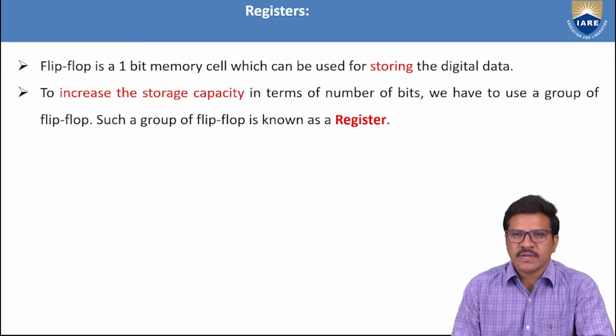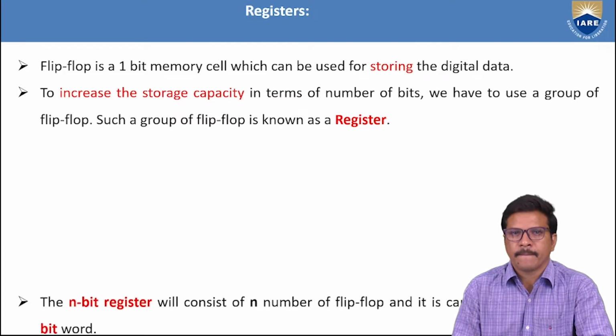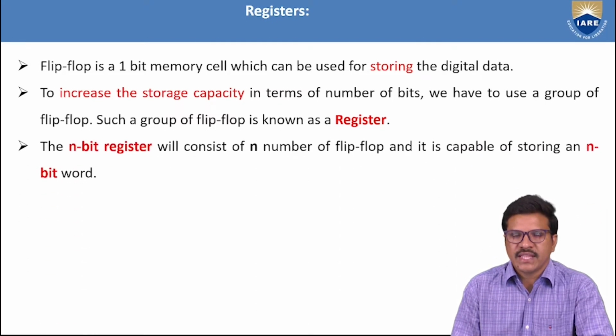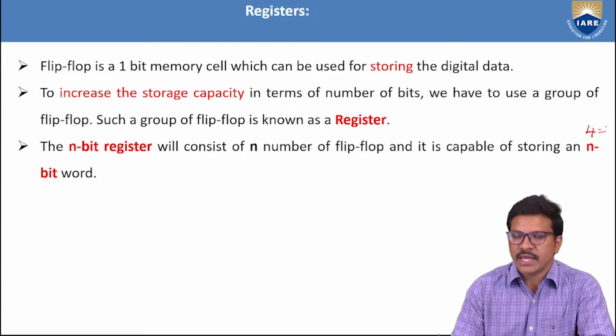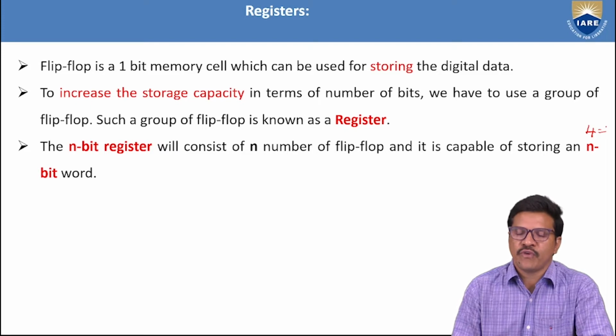Based on our requirements, we can decide how many flip-flops are connected to one another. An n-bit register consists of n flip-flops, and this register is capable of storing n-bit information. When n is equal to 4, it requires 4 flip-flops connected together to store 4-bit information.